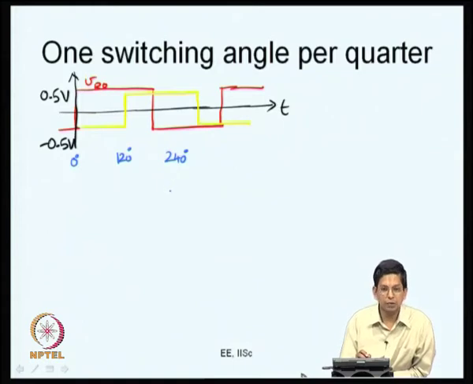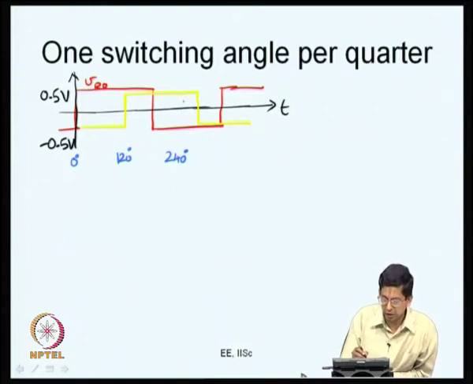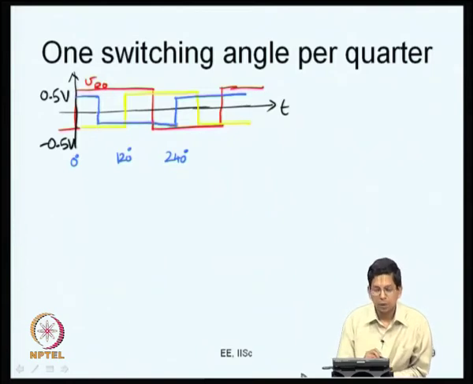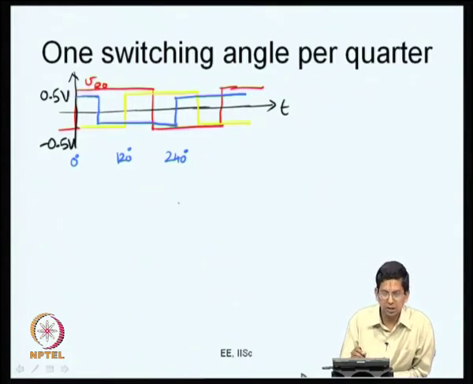So, B will be switching from low to high at 240 degrees. So, this is how your VBO will be. If it is switching low to high at 240 degrees, it will be switching high to low at 60 degrees now. So, this is how the 3 phase voltages will be. What I have drawn now with blue ink is VBO.